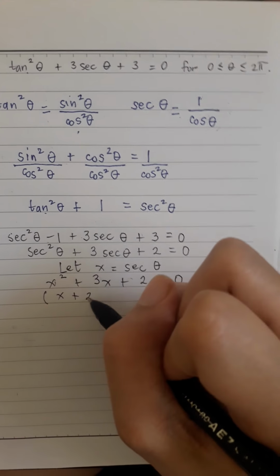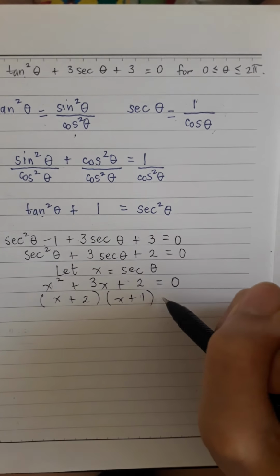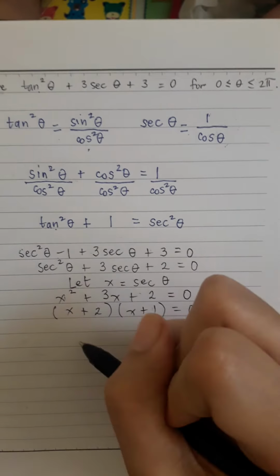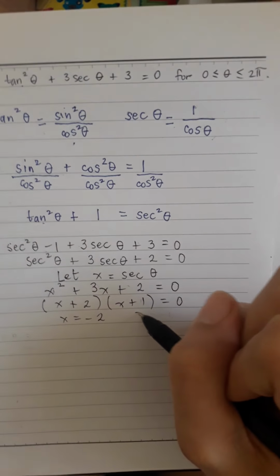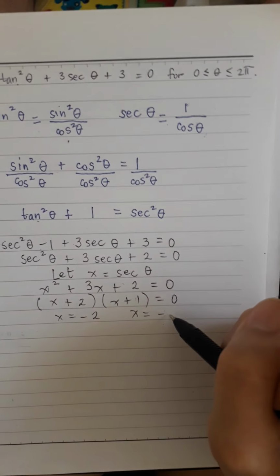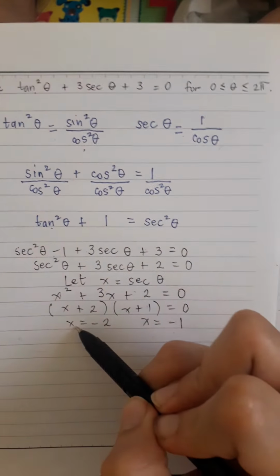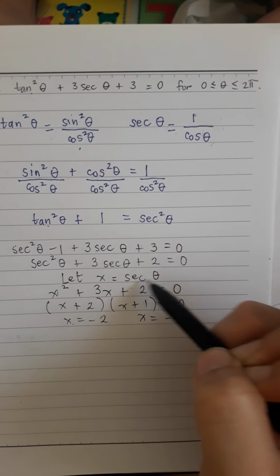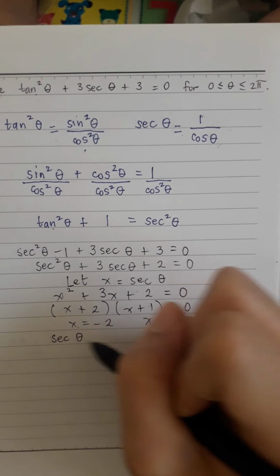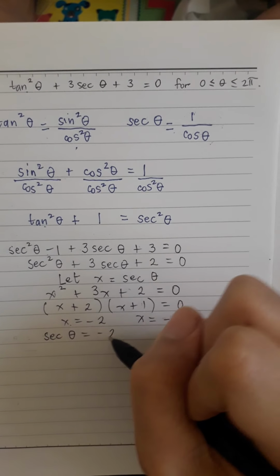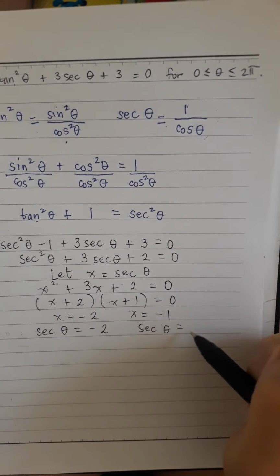So the factors are x plus 2 and x plus 1. So I have two values for x, negative 2 and negative 1. But I am not solving for x, I'm solving for theta. x is secant theta. So secant theta has two values, negative 2 and negative 1.